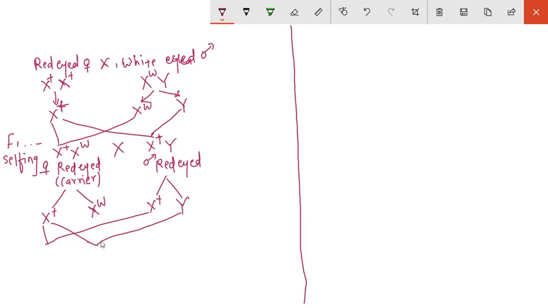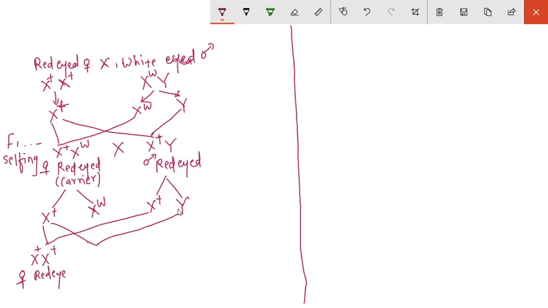That progeny is X plus X plus: she is a female but red-eyed.